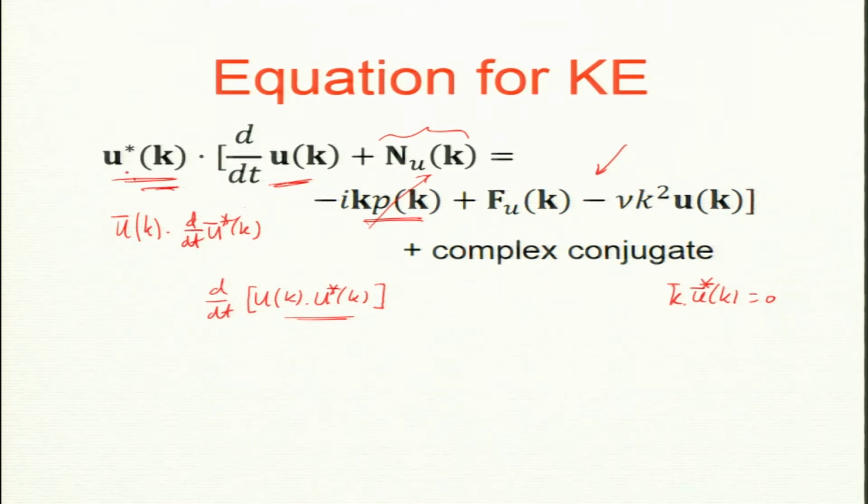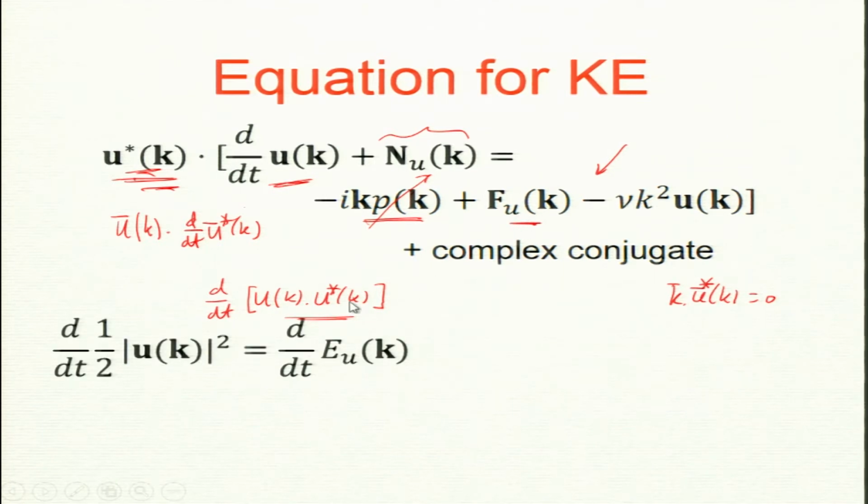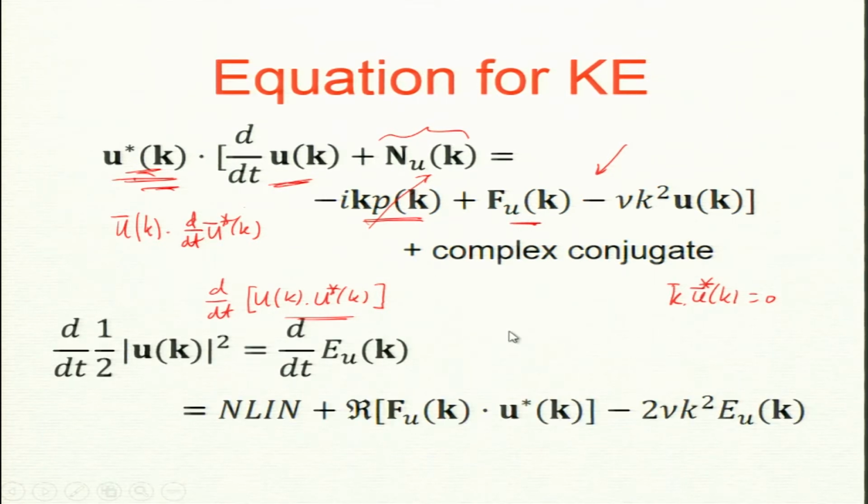But u star k multiplied by the force f_k is non-zero in general, and that is the energy supply rate by the force at wave number k. What about the viscous term? u star k dot u_k becomes mod u squared.